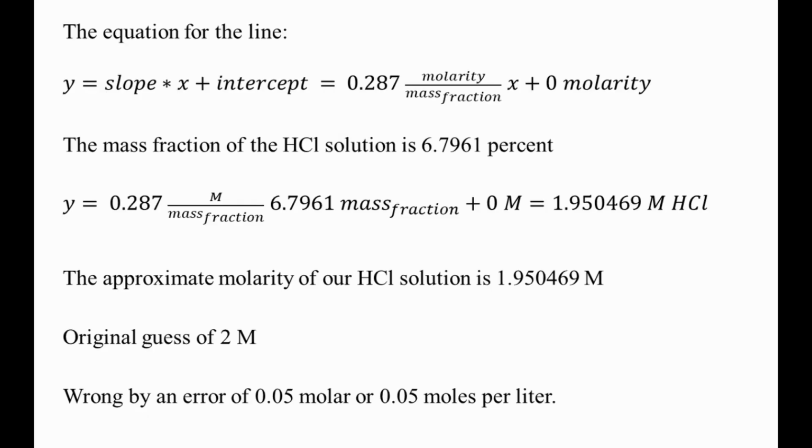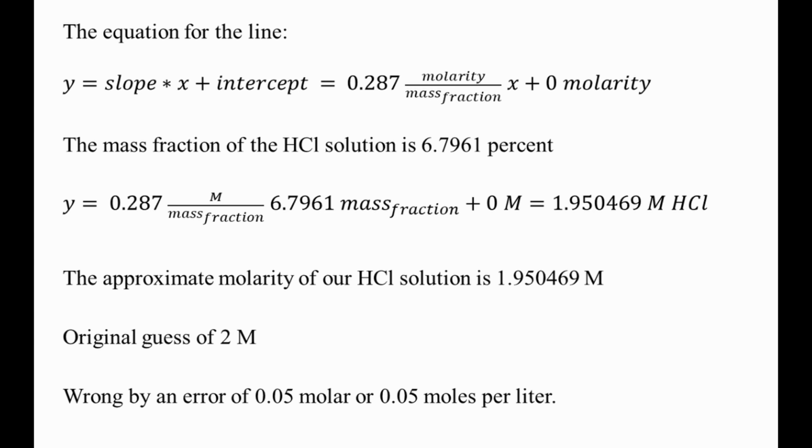Since we know the mass fraction of the HCl solution is 6.7961%, we can plug this value in as x in our interpolation line. y equals 0.287 M per mass fraction times 6.7961 mass fraction plus 0 M equals 1.950469 M HCl.